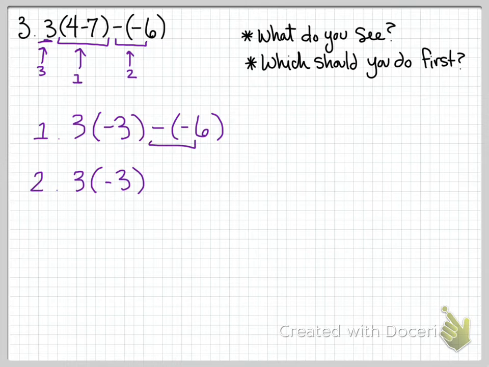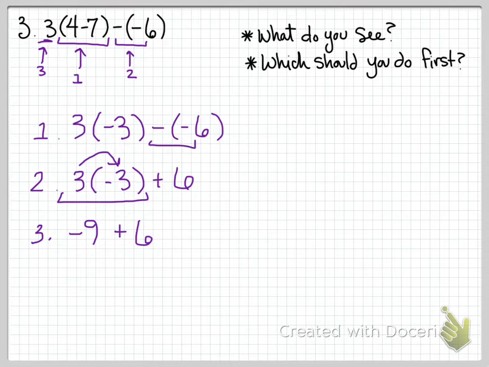A negative 6 is the same thing as negative 1 times negative 6, which is positive 6. All right, next we're going to deal with 3 parentheses negative 3, the distributive property, which means to multiply. 3 times negative 3 is negative 9, and we'll bring down the plus 6. And finally, negative 9 plus 6 is negative 3.